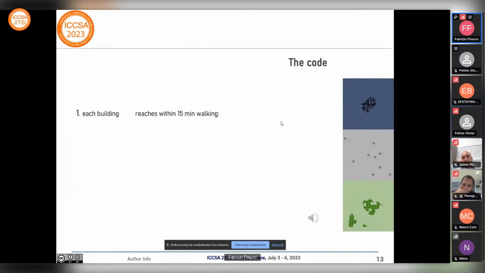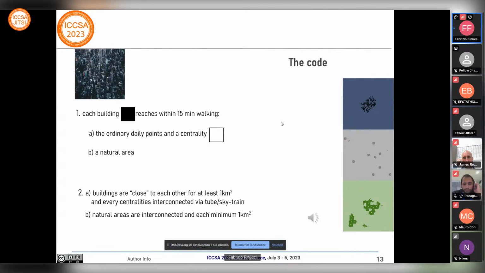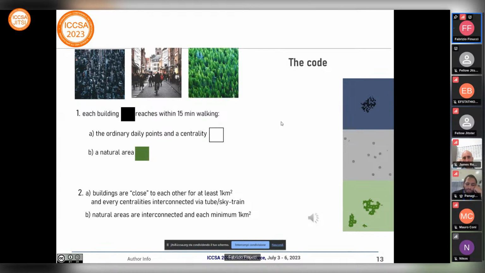It is the isobenefit urbanism code. You can see there are very simple rules, and rule number 1 is that each building, here represented as a black cell, should reach within 15 minutes walking, which is roughly 1 mile, the ordinary daily points and a centrality.